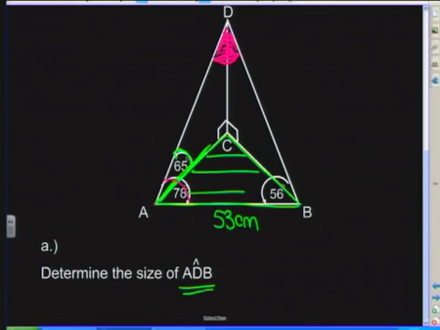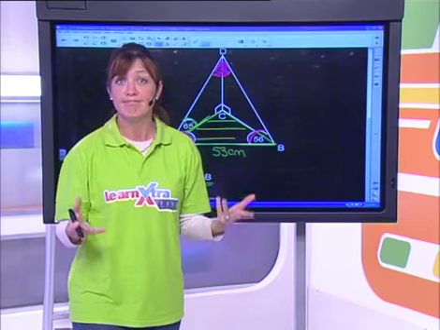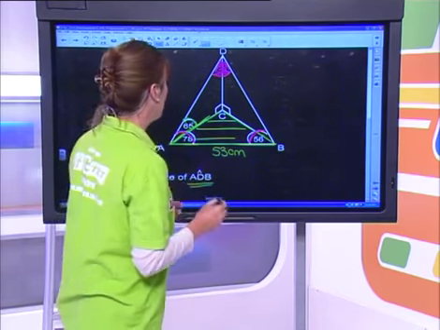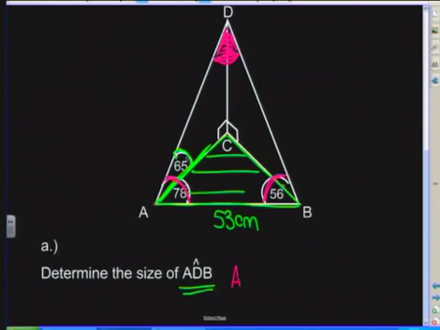We know that that whole angle is 78 degrees, and we know that this whole angle is 56 degrees. So wouldn't angle D then be the third angle in that triangle? Okay, yes it would. So therefore what we're going to say is angle ADB is equal to 180 minus the two angles that we have, which are 78 and 56.